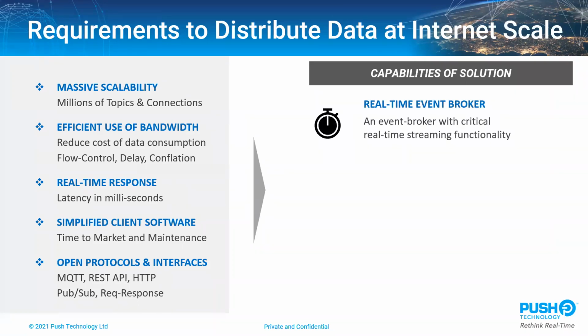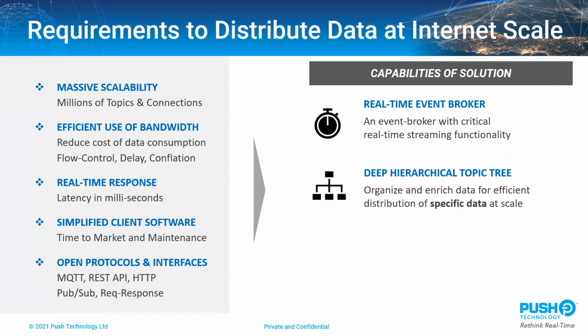And so we're introducing the real-time event broker, critical real-time streaming capabilities, a deep hierarchical topic tree, as I described earlier, that you could potentially dynamically create through our topic views and those rules. You're not coding these things, you're configuring it, and then the system dynamically creates these topic trees.